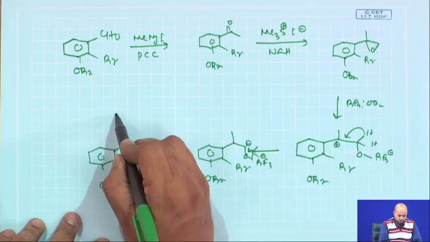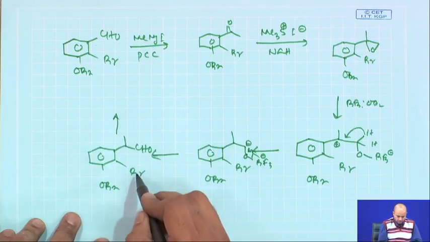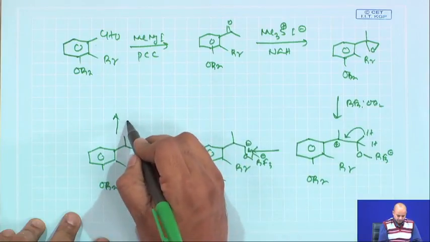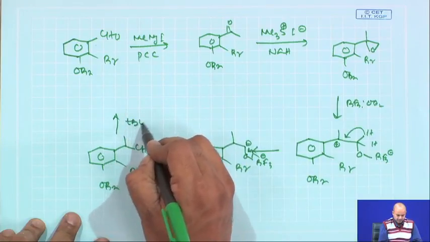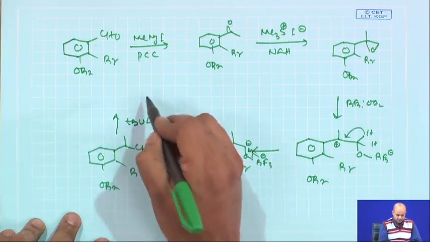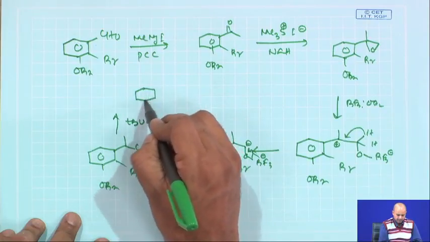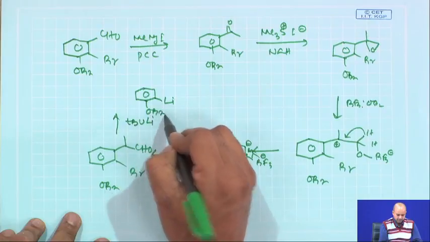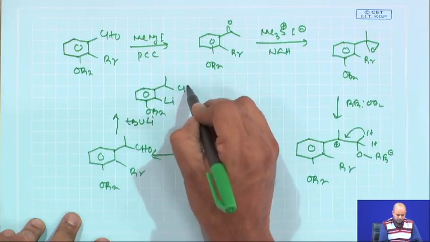So, if you are not sure of the mechanism of Meinwald rearrangement, now you exchange this bromide with lithium using a sterically bulky lithium reagent like tertiary butyl lithium, and then you will find that you generate a lithium species in the phenyl ring, and your CHO is here.